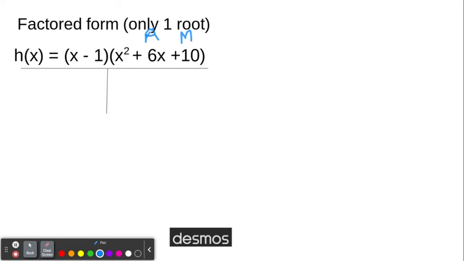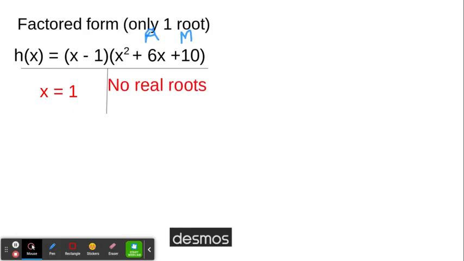So no two factors of 10 will add to 6. So you won't find any real roots from that. However, we do have one of the roots. If x minus 1 equals 0, x equals 1. X squared plus 6x plus 10 is not factorable, and as a matter of fact, there are no real roots.